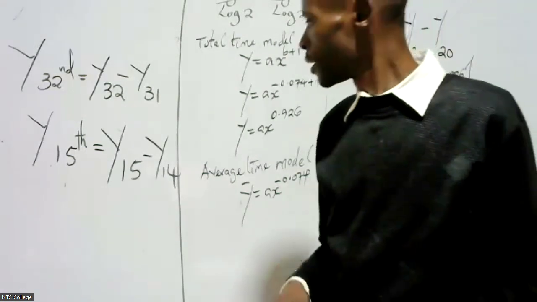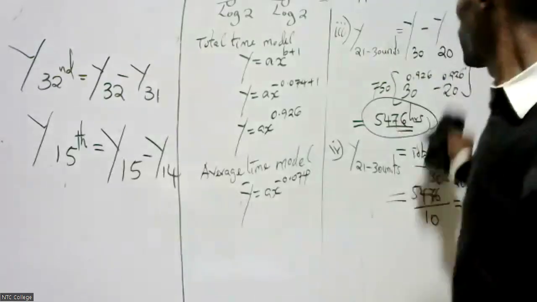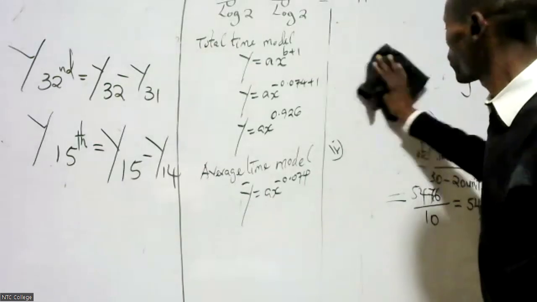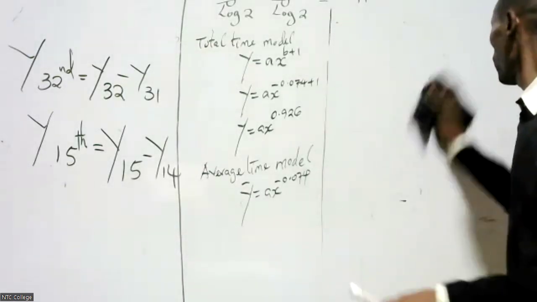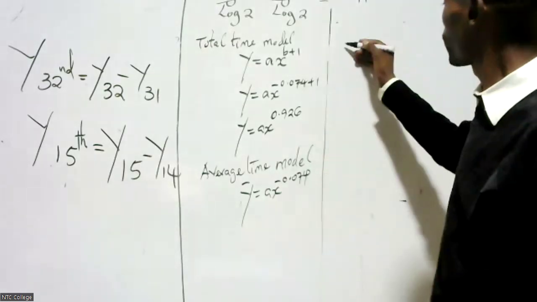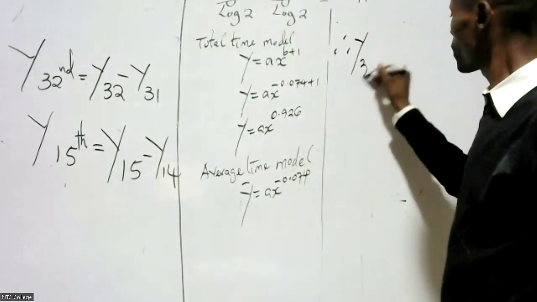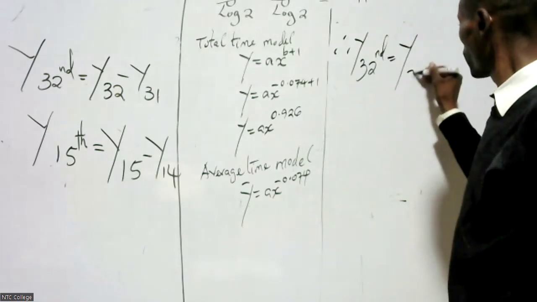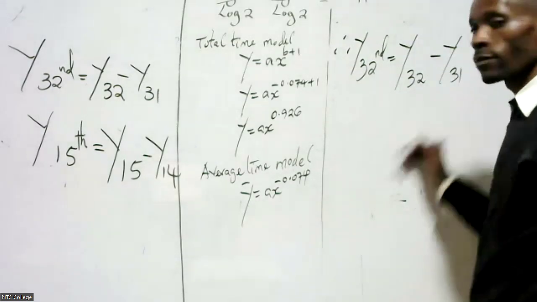Good. Now, let us have our time taken to produce the 32nd, so that we can determine what will be that particular time for the 32nd. So therefore, time for the 32nd should be equal to total time 32 minus total time 31.